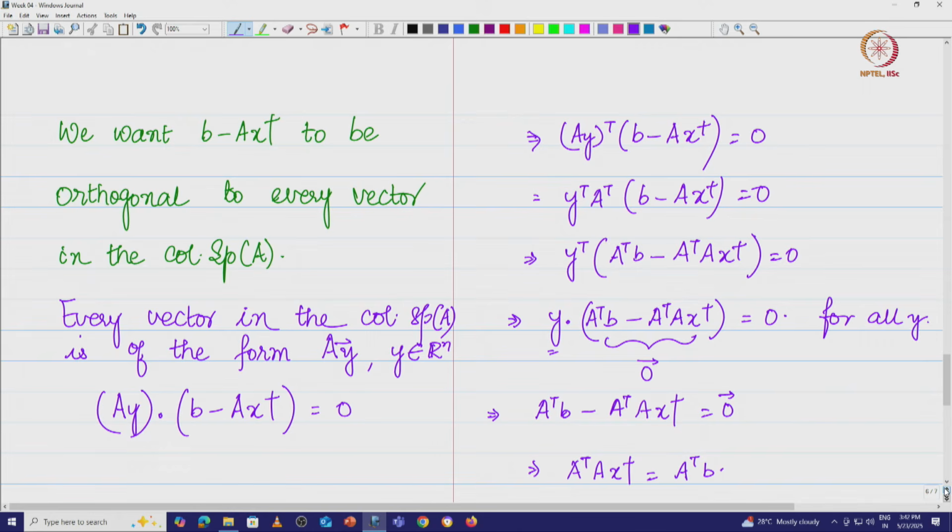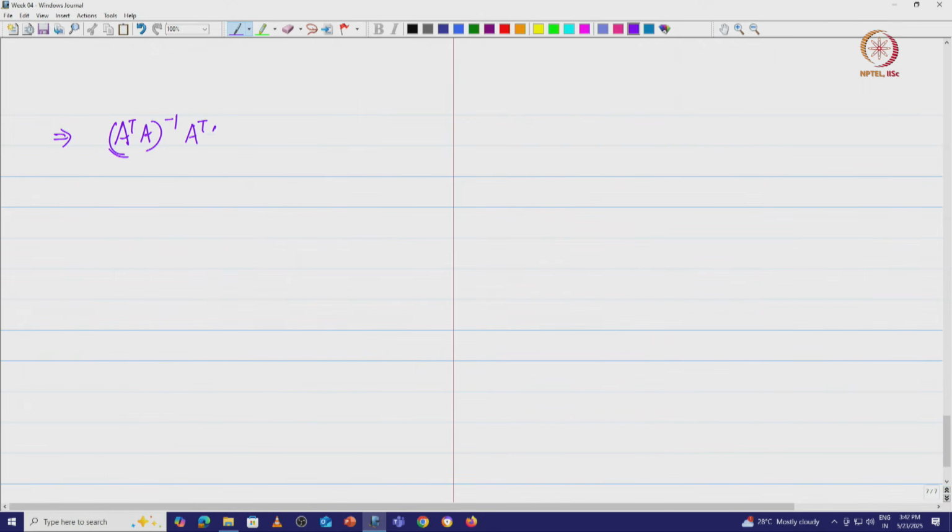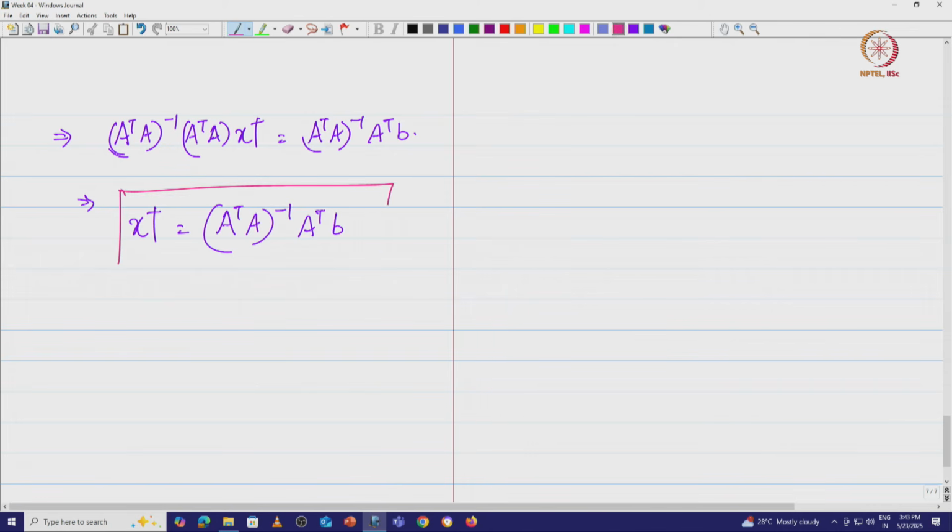which implies A transpose A the whole inverse into A transpose A x dagger is equal to A transpose A the whole inverse A transpose B, which implies x dagger is equal to A transpose A the whole inverse A transpose B. Now, this is a fantastic result that we have.